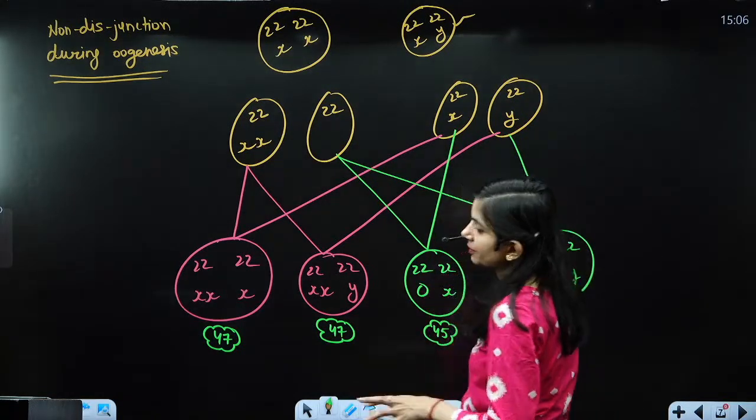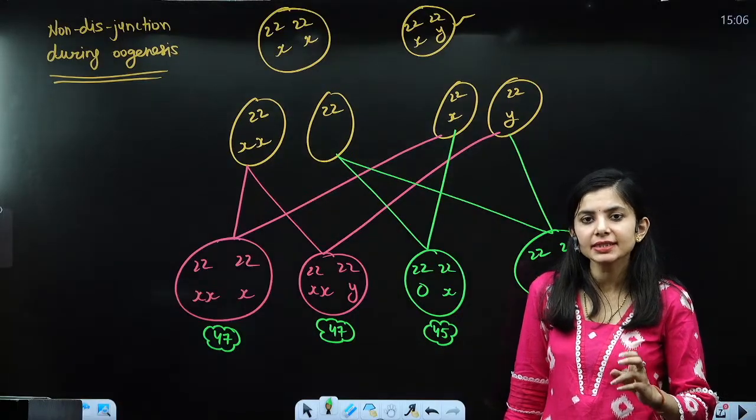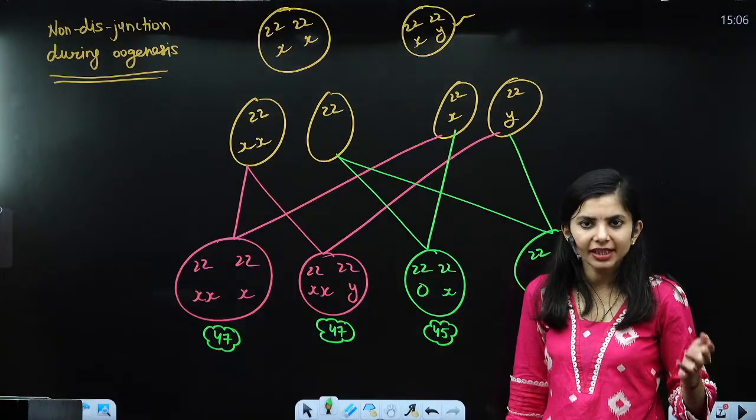Now tell me. Numerical aberration means there is some sort of change in terms of number.